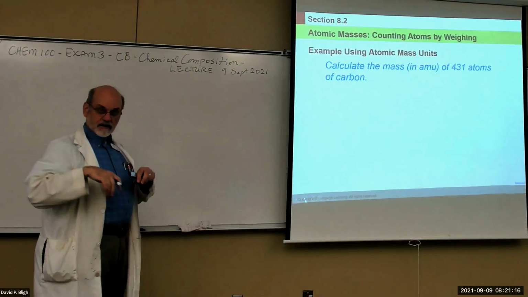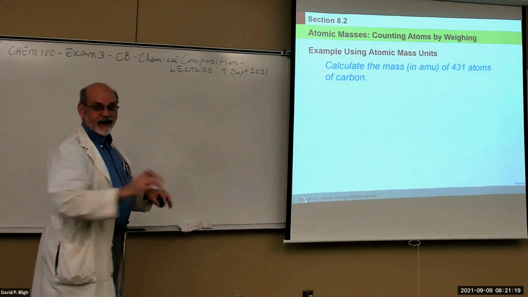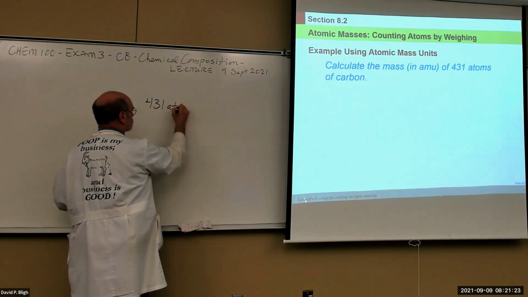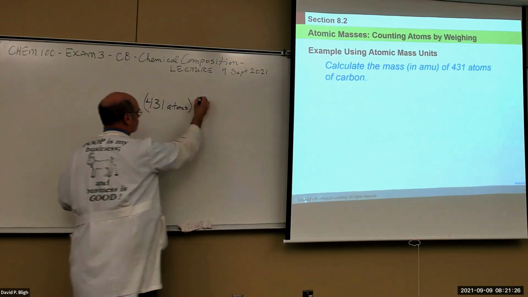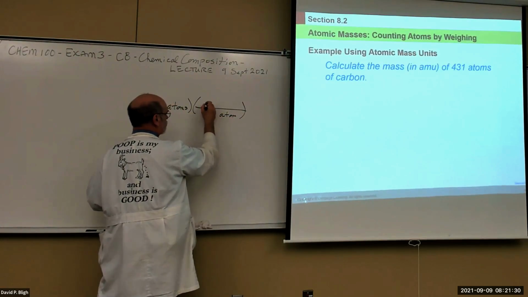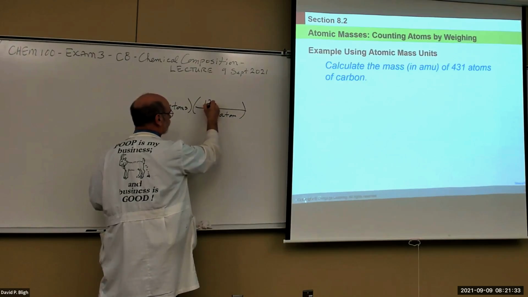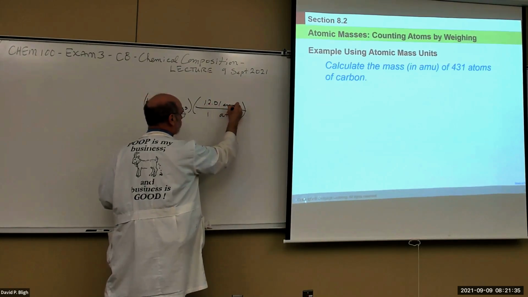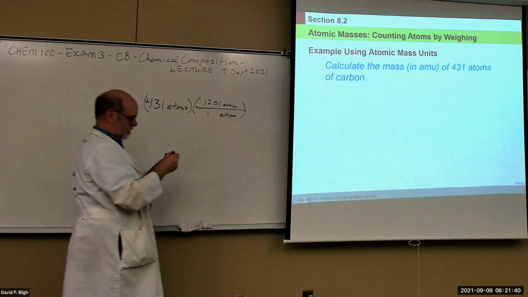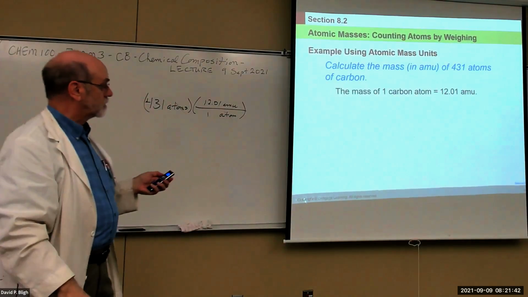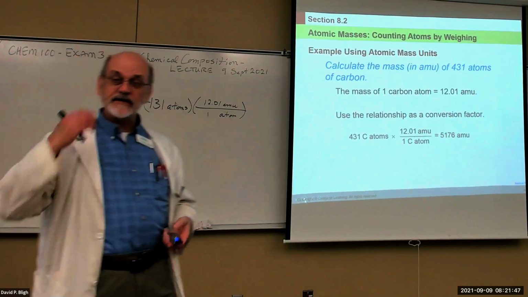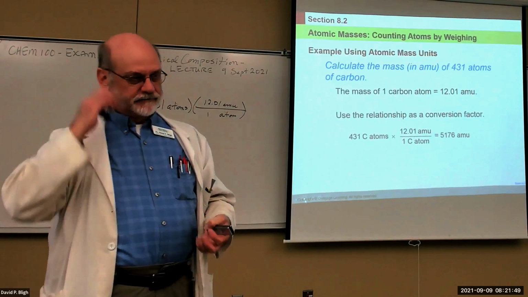So it's still dimensional analysis, conversion factor time. 431 atoms, and the average atom has a mass of 12.01 atomic mass units. So we just multiply, that cancels, 12.01 times that value, and we get 5,176 atomic mass units.